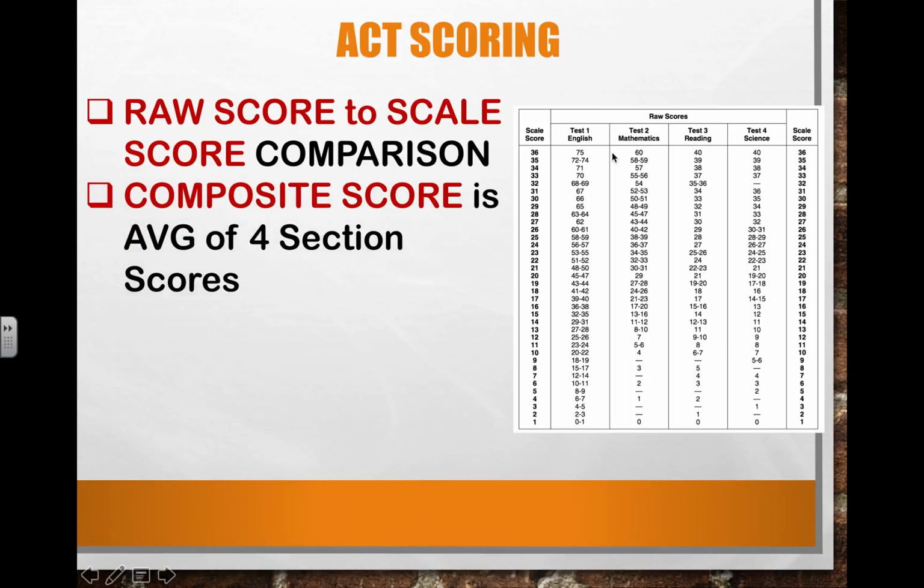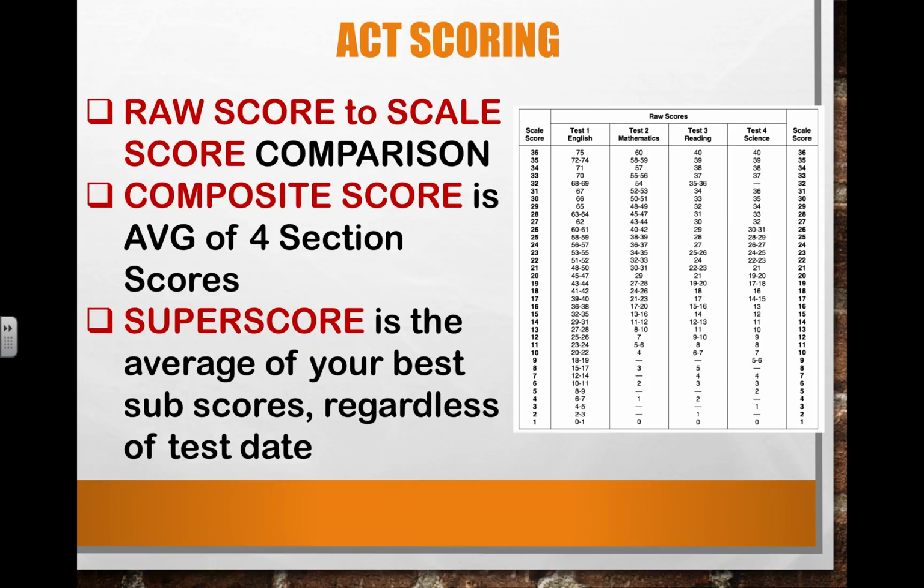The composite score is all 4 of the main tests, English, math, reading, and science. You total those up and divide by 4. It's the average of the 4 sections, and that's the overall score that colleges look at mainly.